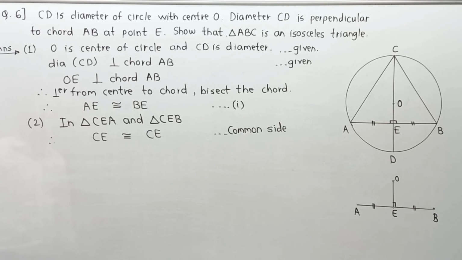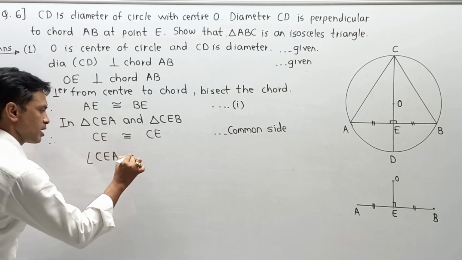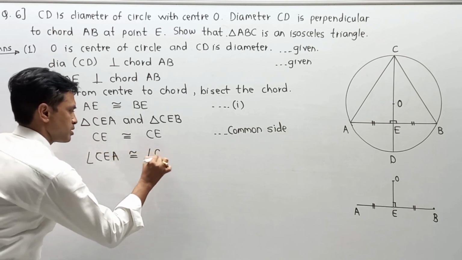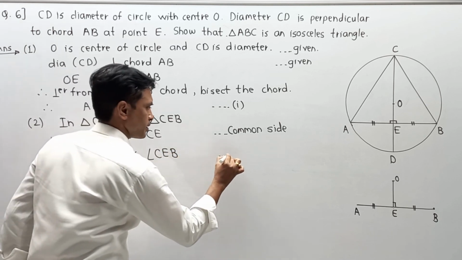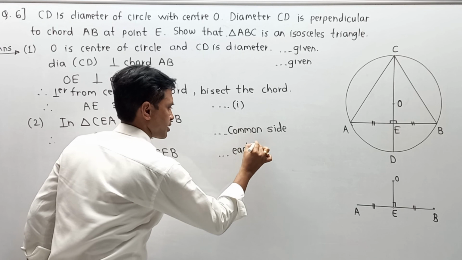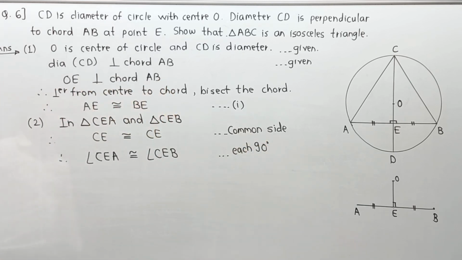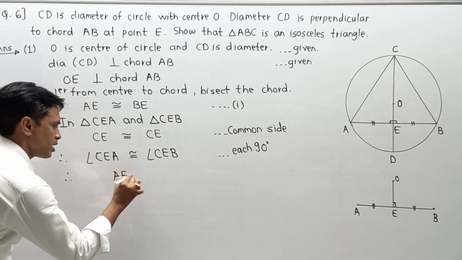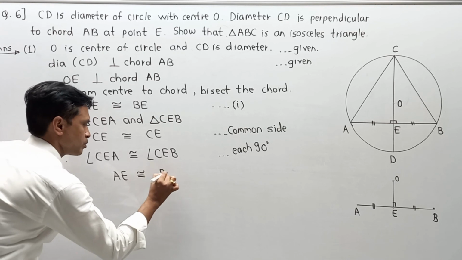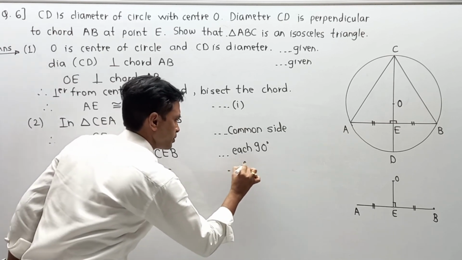Next, angle CEA is congruent to angle CEB. Reason: each is 90 degrees. And the next part is AE congruent to BE, which we have completed in 1. So I am writing from 1.